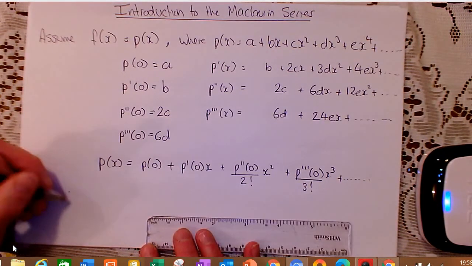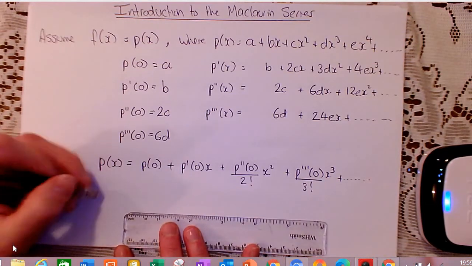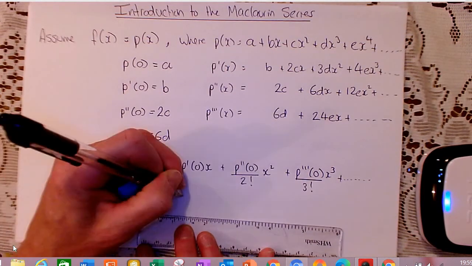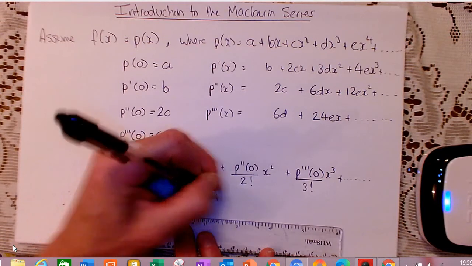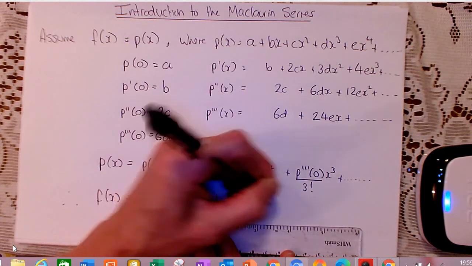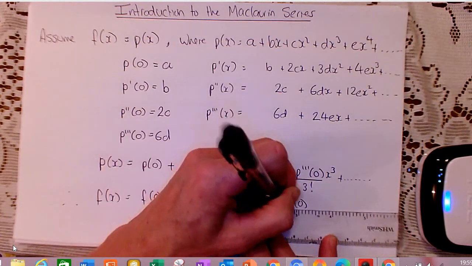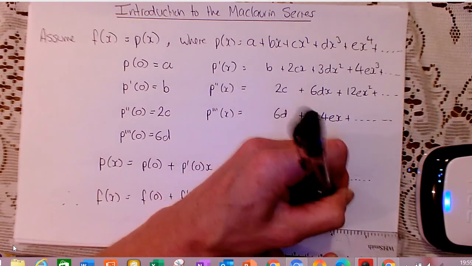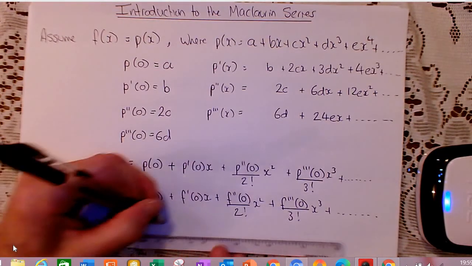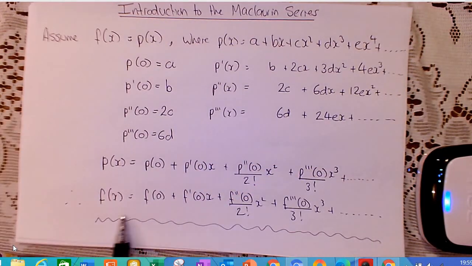So in fact, we write the Maclaurin series in terms of the original function: f of x equals f of 0 plus f dash of 0 times x plus f double dash of 0 over 2 factorial times x squared, and then we do exactly the same for the third derivative at 0 over 3 factorial times x cubed, etc.